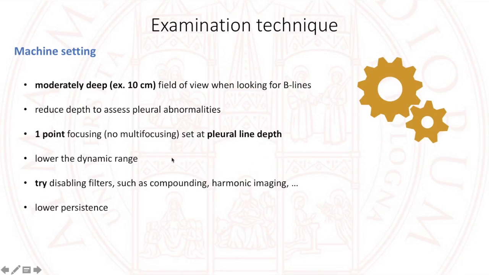Then we try to lower the dynamic range to obtain sharper images and blacks, and we try to disable or reduce filters such as compounding or harmonic and so on, and we lower the persistence so we have a better time resolution of the image.